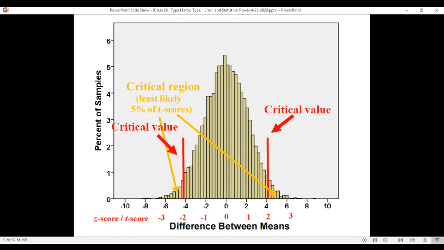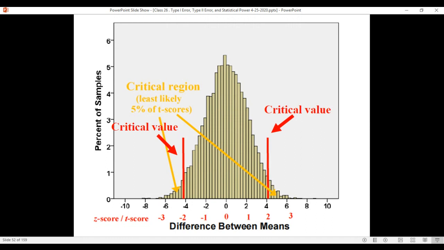We can see that the critical values for this distribution are 2 and -2. In other words, if t is greater than 2, it lies in the part of the critical region on the right. And if t is less than -2, it lies in the part of the critical region on the left.